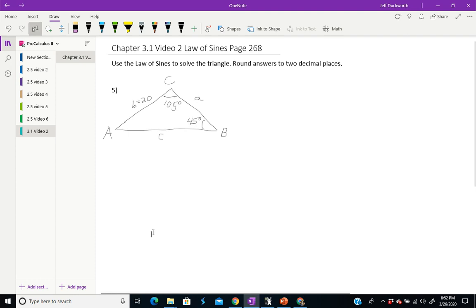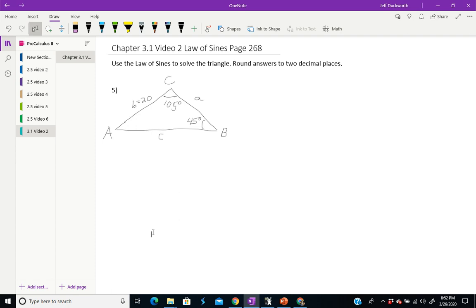Okay, so we're given a situation here where we have two angles given and a side. If any two angles are given and one side is given, we're going to have enough to do the law of sines.